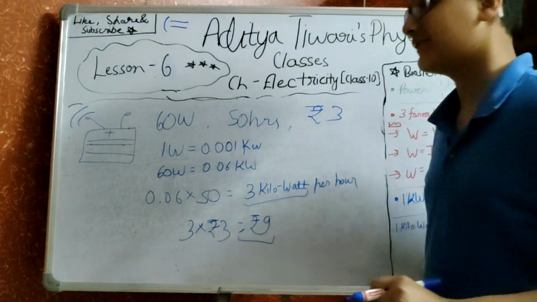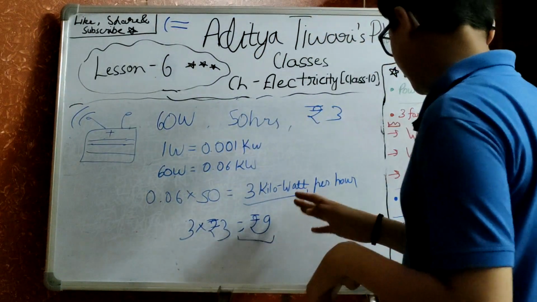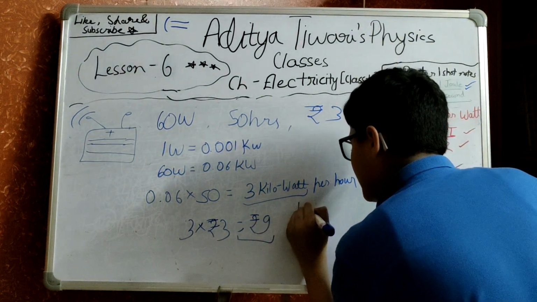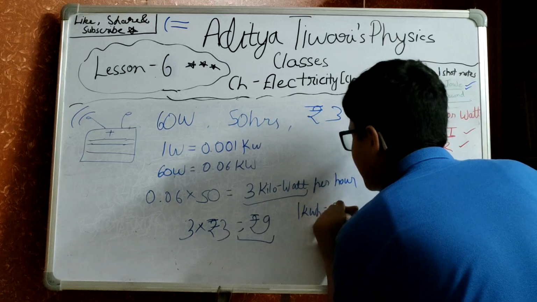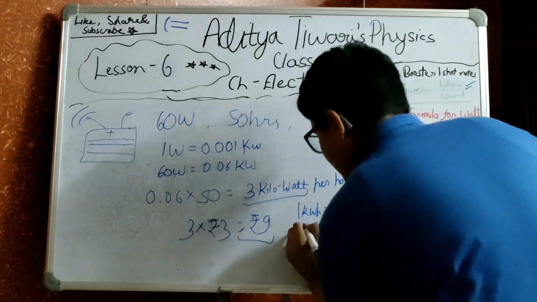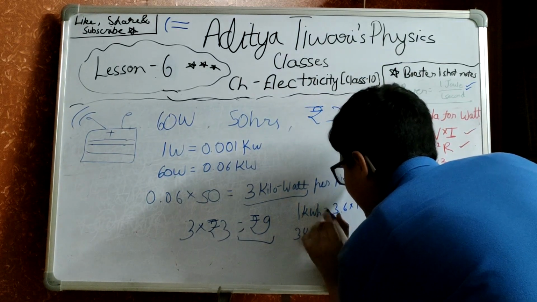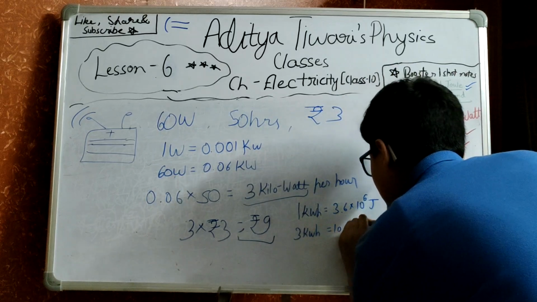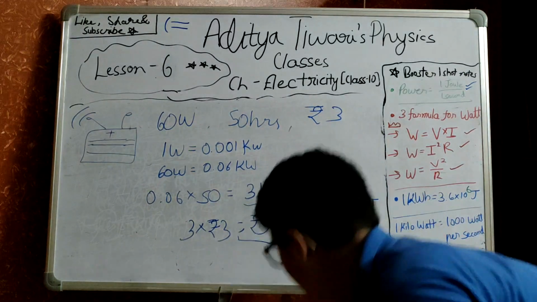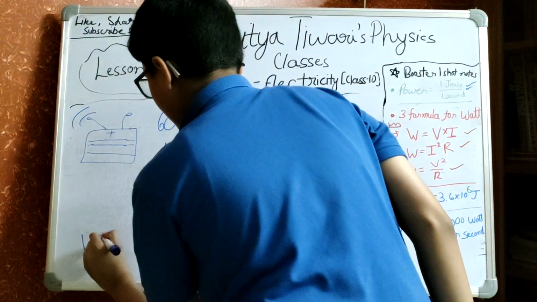And the last question is that you have to convert this into joules, the SI unit. We know that 1 kilowatt hour is equal to 3.6 times 10 to the power of 6 joules. So 3 kilowatt hour is equal to 10.8 times 10 to the power of 6 joules. So this is the answer of part 4. This could be a part of a 4-marker question.